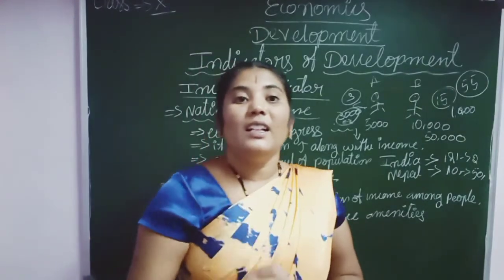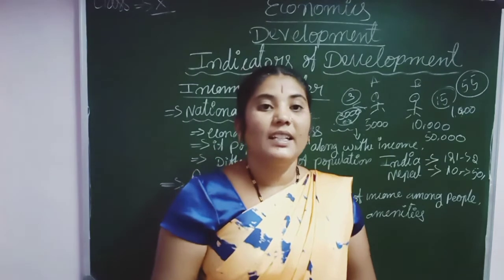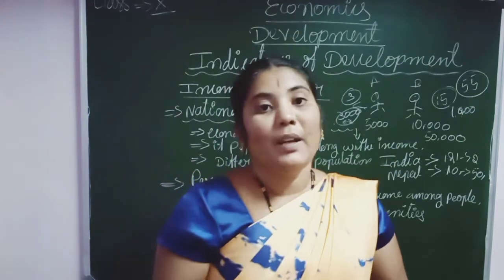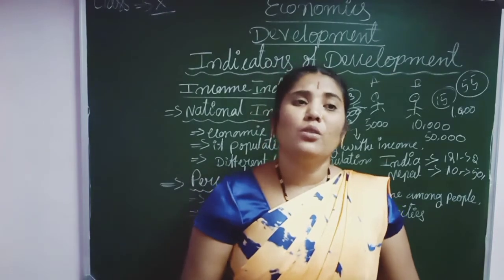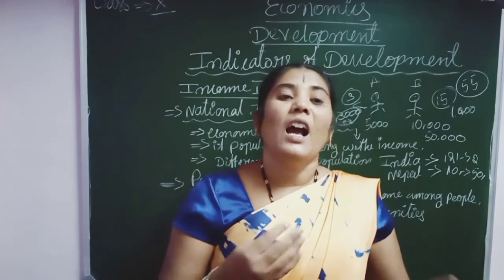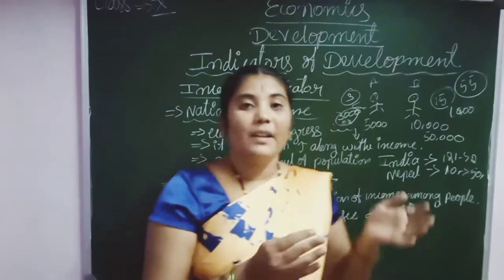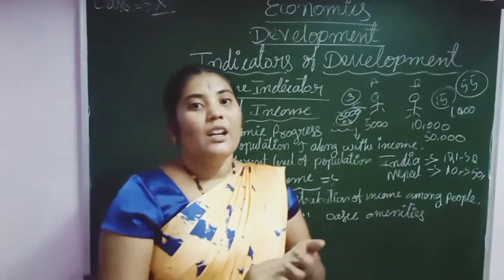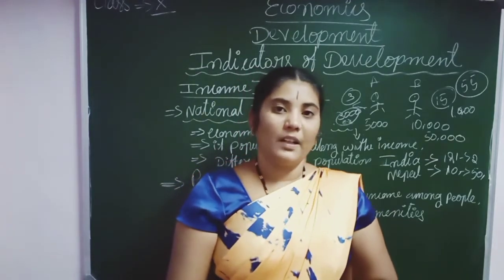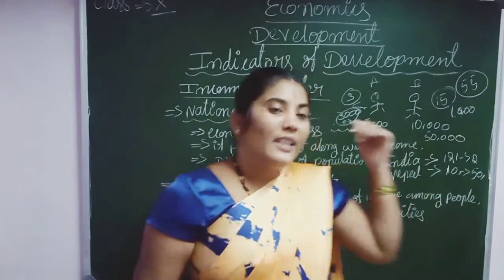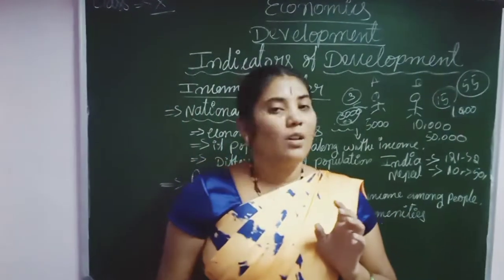Then there is more poverty and high death rates, unemployment, illness, no health facilities, illiteracy. These are all what we see in a country with high national income that is not considered a developed country. So this national income is not a true measure to measure development.